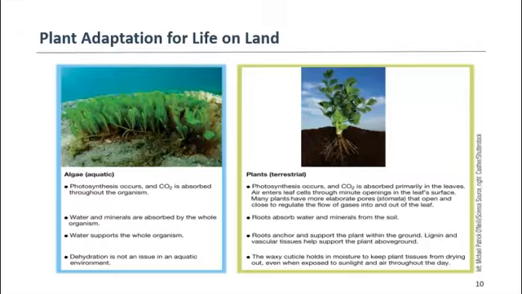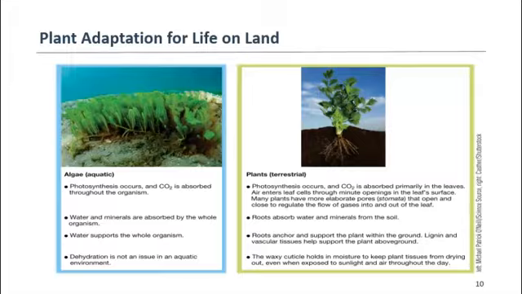Whereas in the algae, basically their whole body is where photosynthesis takes place. Now, the algae is completely surrounded by water and nutrients that are floating in the water, so all of that is readily available. But a plant has to absorb water from the soil.